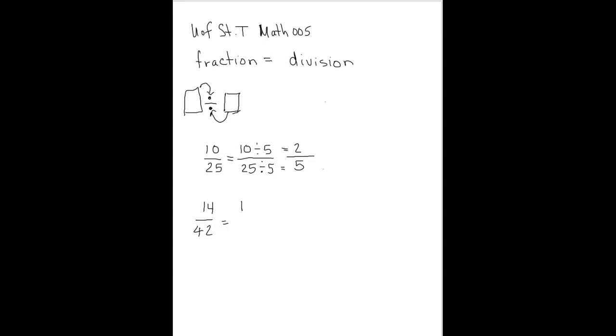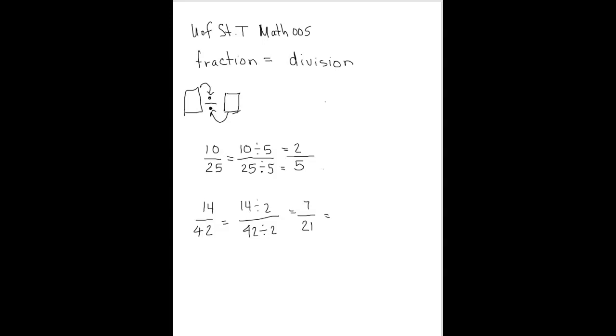So I'm going to take my 14 and divide that by 2, and my 42 and divide that by 2. Now 14 divided by 2 is going to give me a 7, and 42 divided by 2 is going to give me a 21.